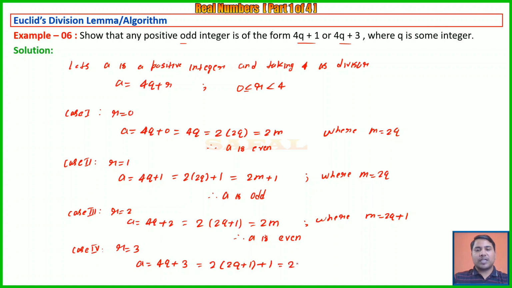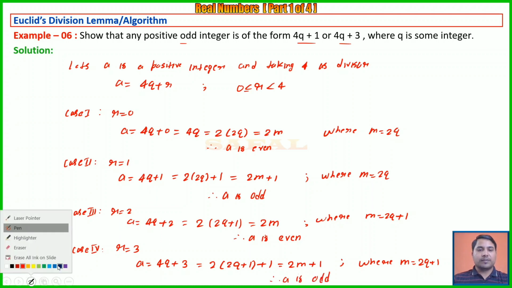So I can write it as 2m plus 1, where m is 2q plus 1. So now again here I can see that the number is of the form 2m plus 1, and this implies A is odd.